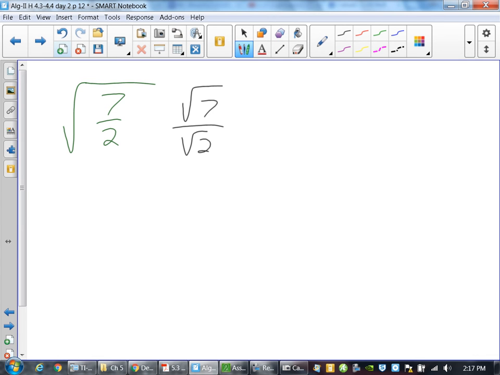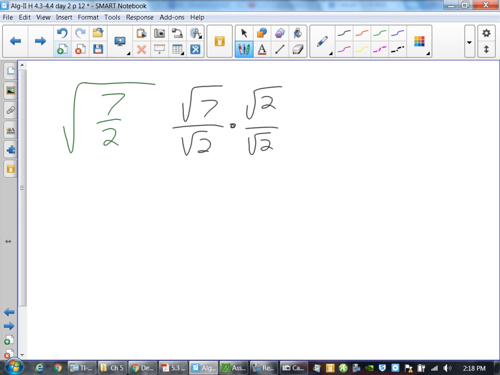Now, in order for us to get rid of the radical in the denominator, we have to multiply the top and bottom by some factor of 1. And we also want to multiply it by something that will eliminate the radical. So square root of junk times the square root of junk is always, what's the junk in this case? Root 2. So I'm going to multiply the top and bottom here by root 2.